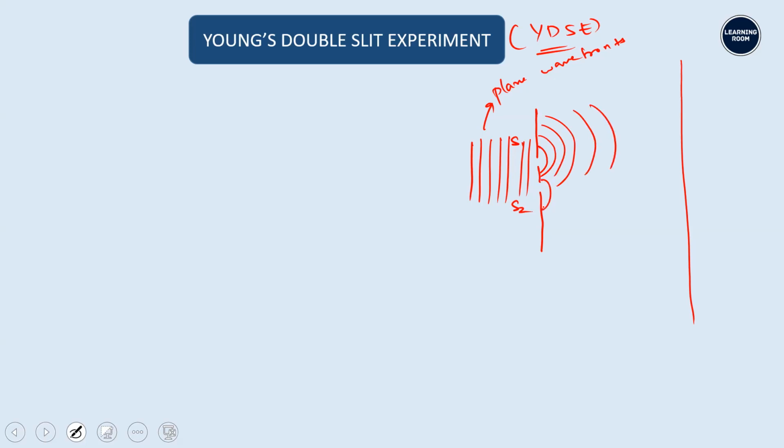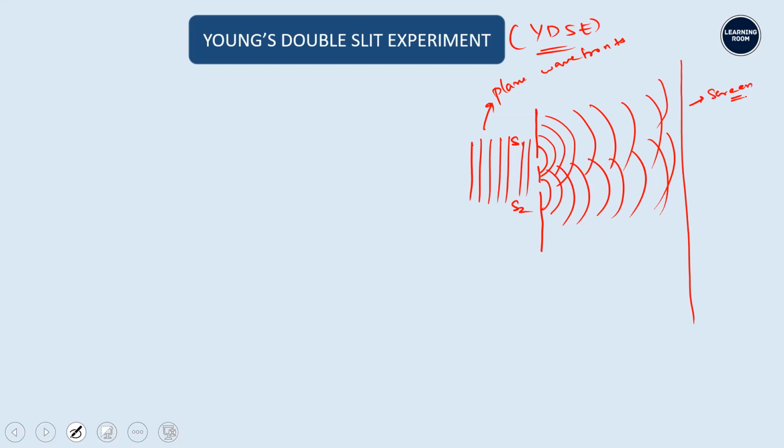And here also you will have a set of spherical wavefronts going like this. Now these spherical wavefronts which are traveling in this medium, between the slits and this part called the screen, when they start traveling in the same direction, you will start observing a pattern on the screen.